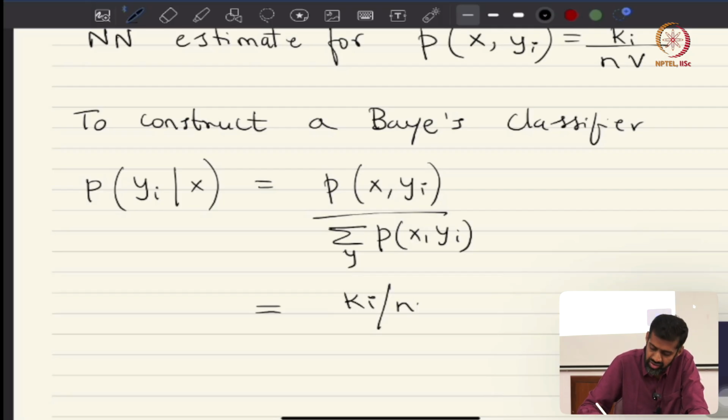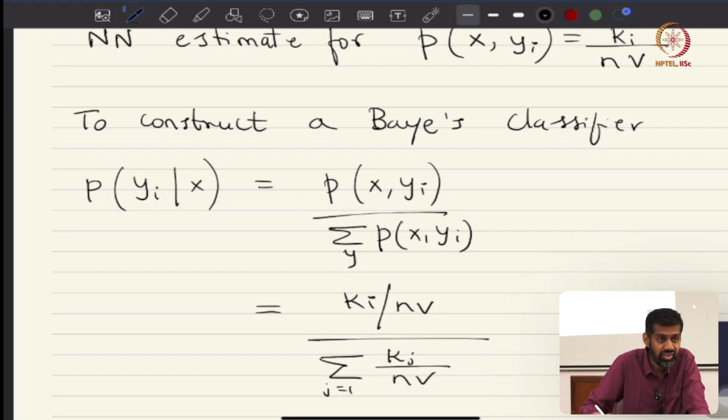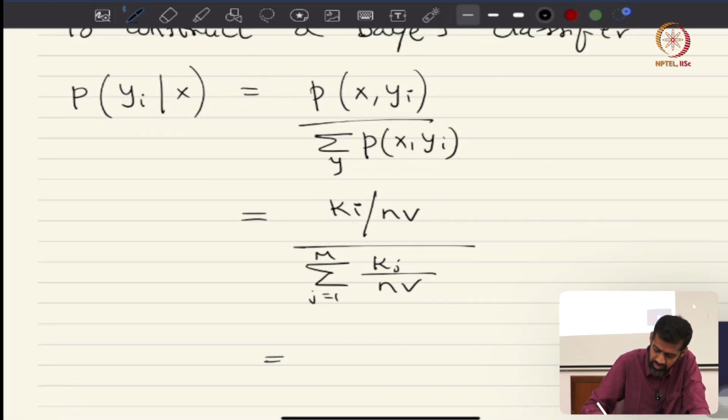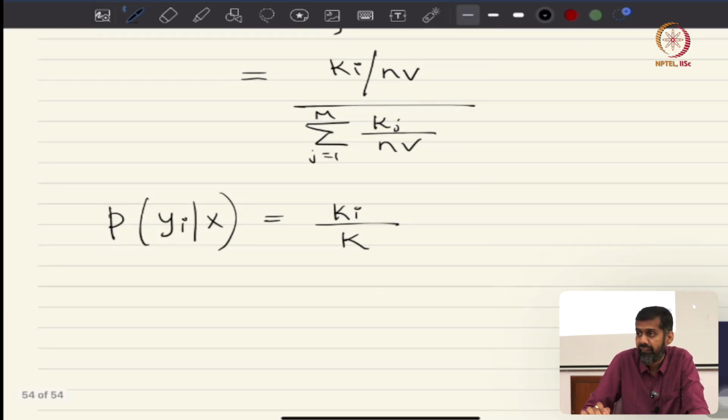What is the denominator? You take it for all classes, right? Which is k by nv. So this is what it is.